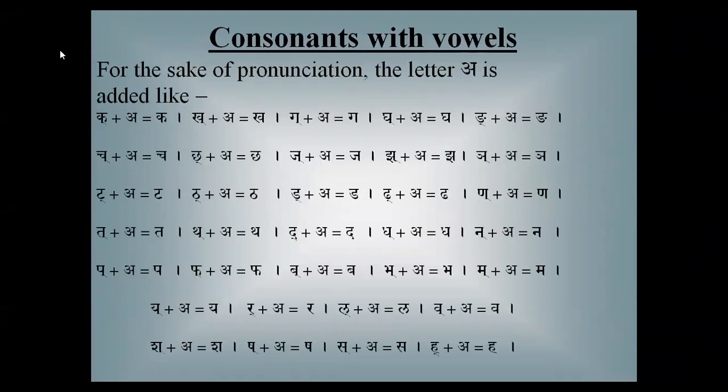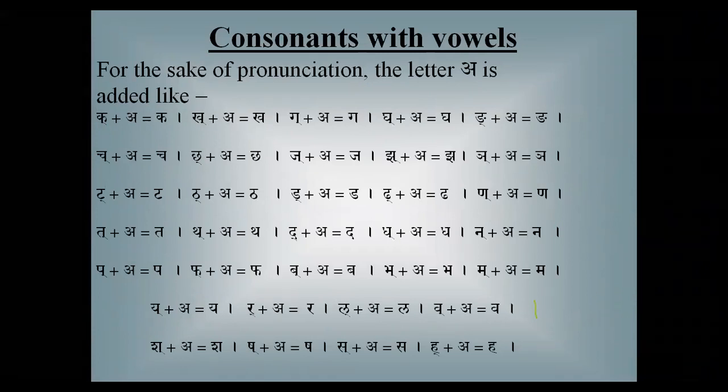Okay, so you can see now. For the sake of pronunciation, the vowel a is added, and you can see how it is added. The first letter of the first class, Kavarga, is there. First line you can see. Then the vowel a is added. So what happens? Then the nether stroke vanishes. It becomes ka.